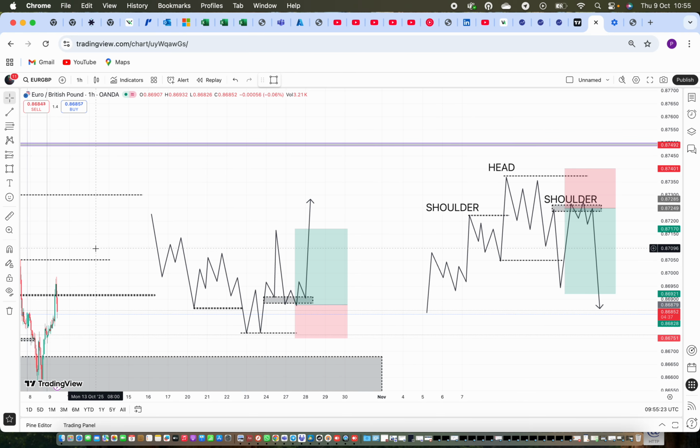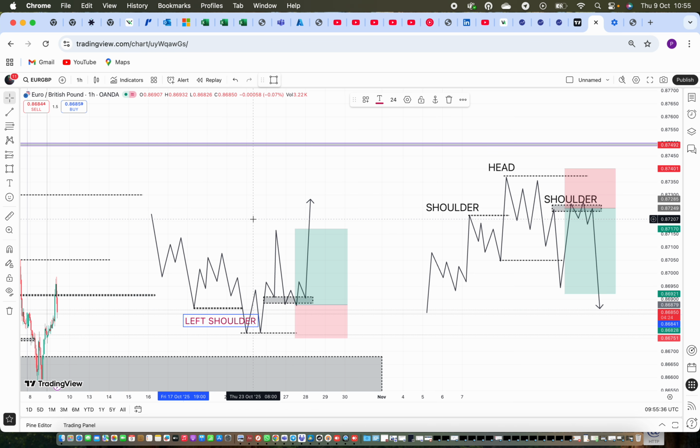So it is safe to say that here is our left shoulder, we have the head, and we have the right shoulder.